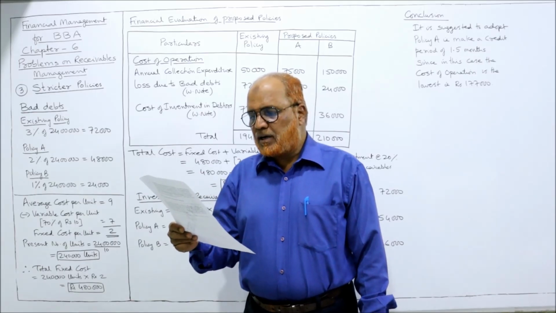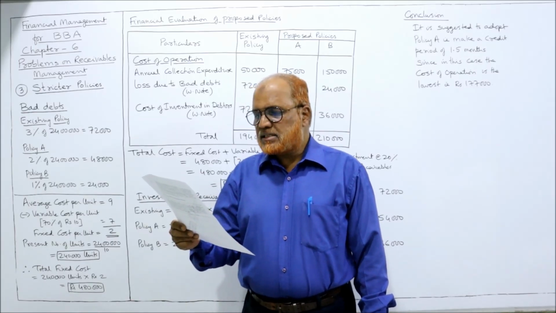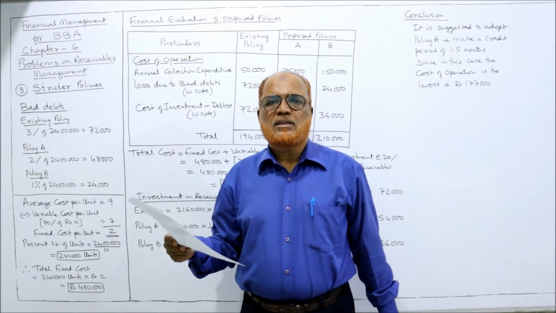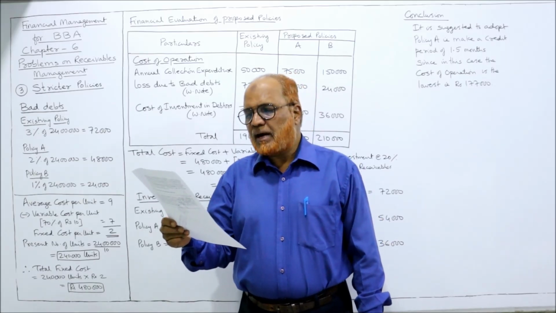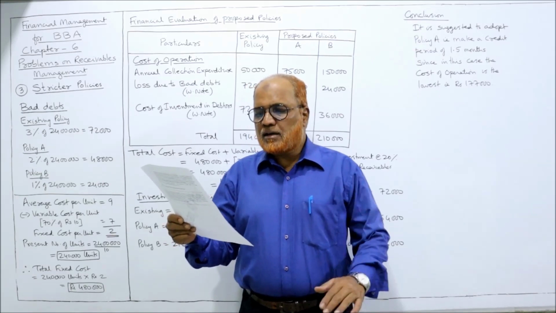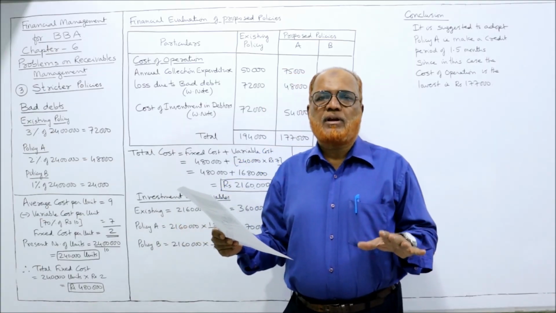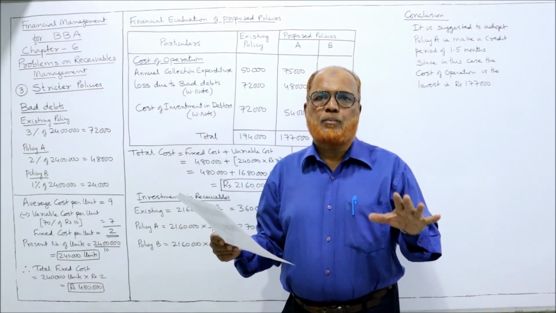Annual collection expenditure is 50,000. The estimated percentage of default is nothing but bad debts. The present bad debts are 3% and credit term is 2 months. This is the complete information given regarding the present credit policy.